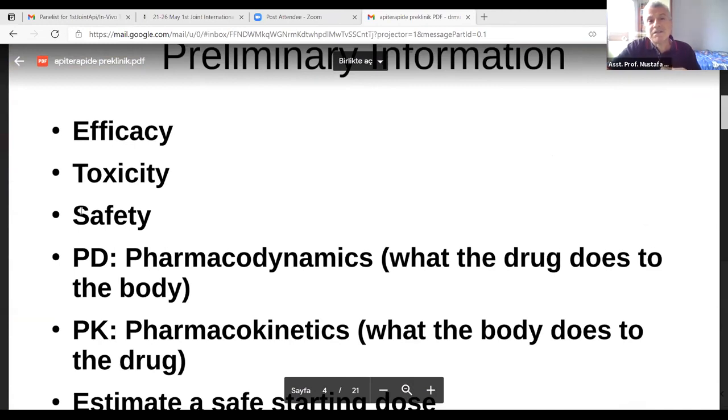Preclinical stages give us preliminary information about any substance: efficacy, toxicity, and safety, most important of all. And we have some terminology: pharmacodynamics, meaning what the drug does to the body, and pharmacokinetics, meaning what the body does to the drug.